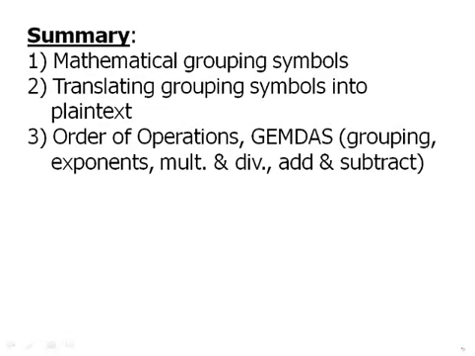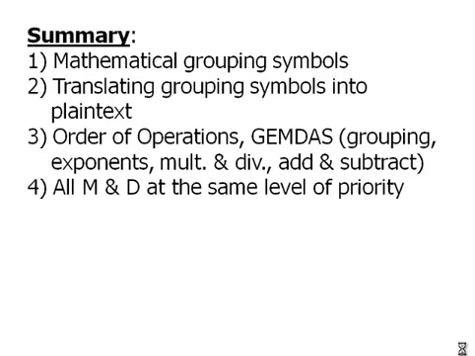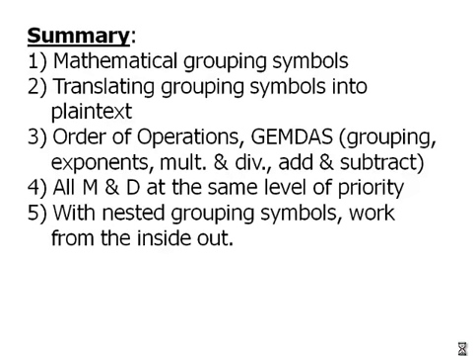Then we talked about order of operations, which I call GEMDAS: grouping symbols, exponents, multiplication, division, addition, and subtraction. We emphasized that multiplying and dividing are at the same level of priority. That gives us considerable choice about what order we'll do the products and the quotients. And finally, with nested grouping symbols, we have to work from the inside out.